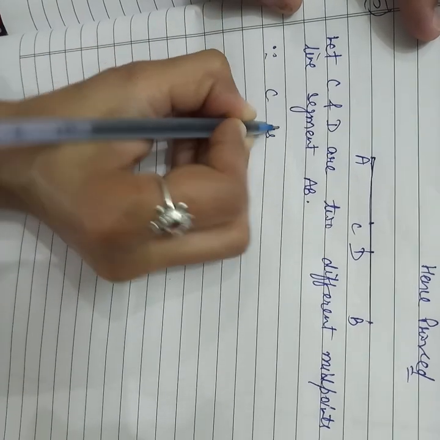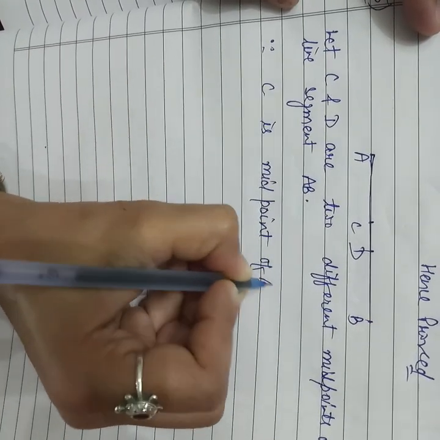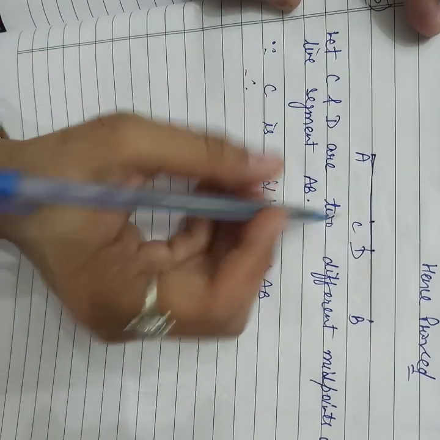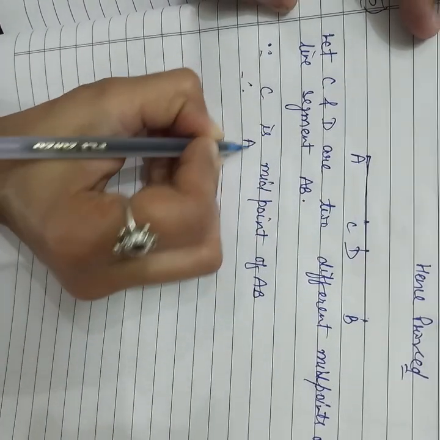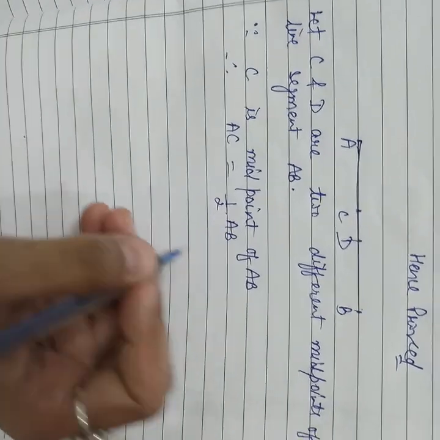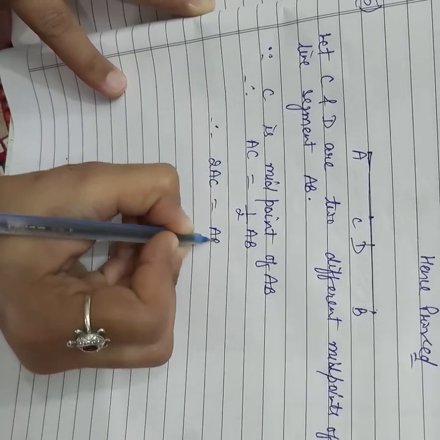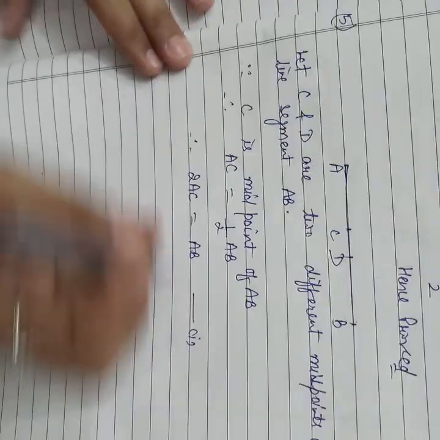Because C is the midpoint of AB, therefore AC equals half of AB. Therefore 2AC equals AB. Let this be equation first.